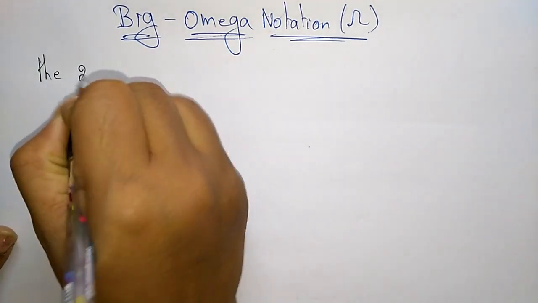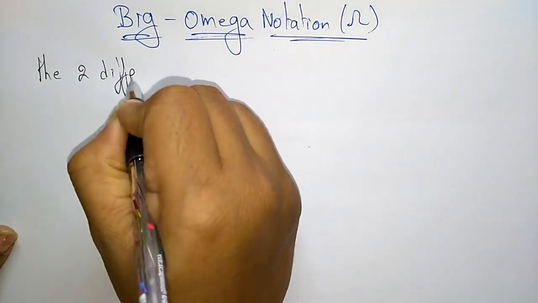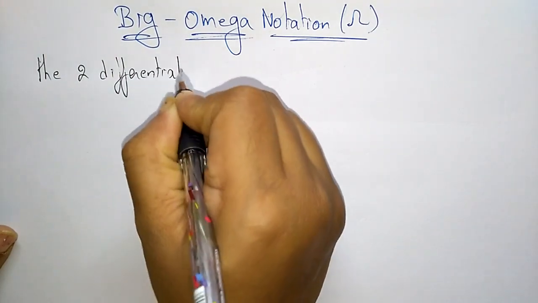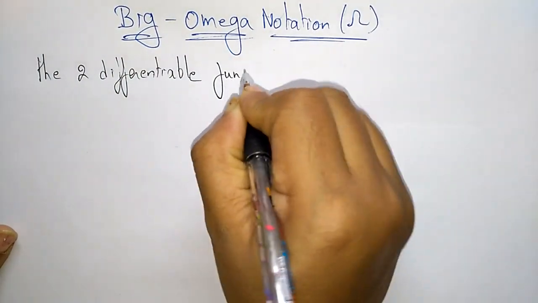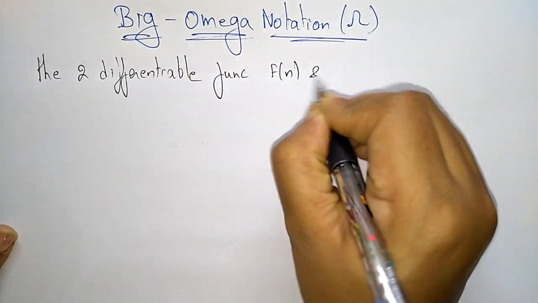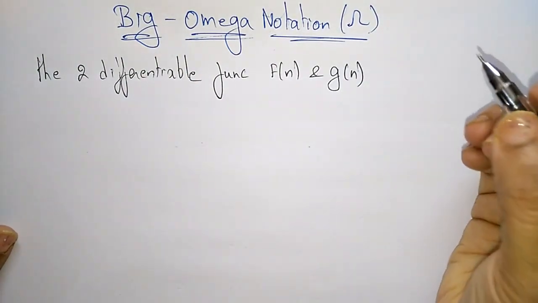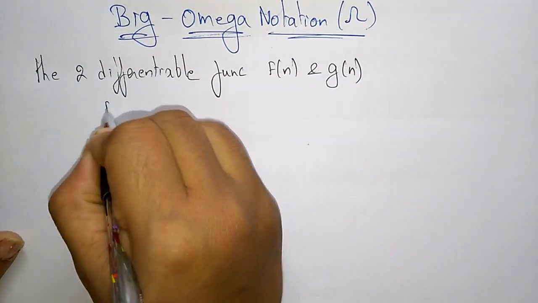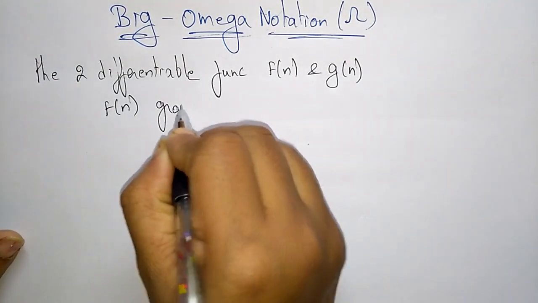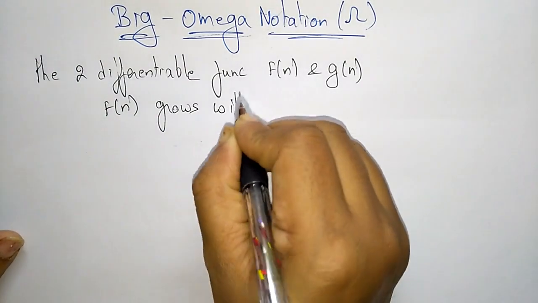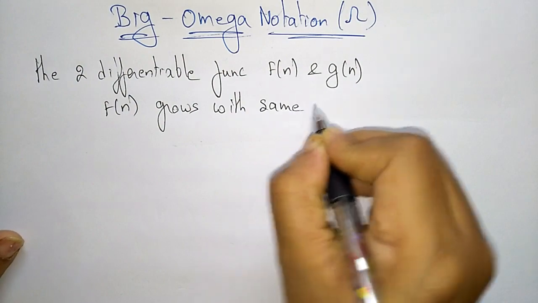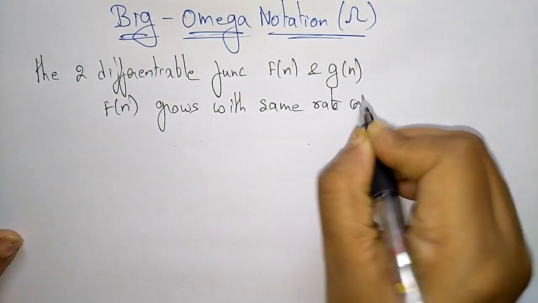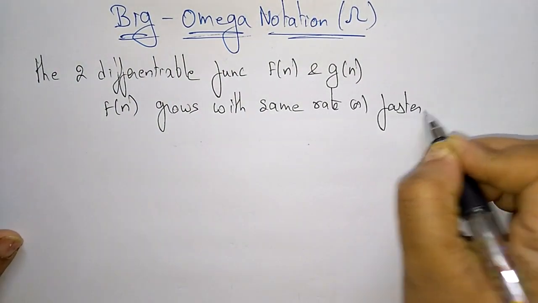Two differentiable functions f of n and g of n, say f of n grows with the same rate or faster than g of n.